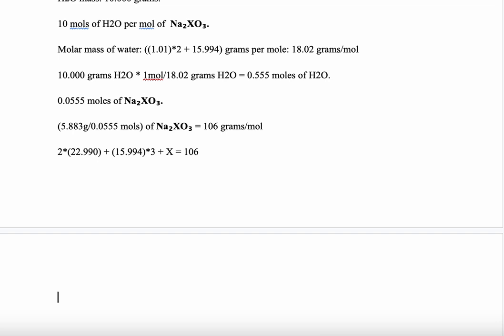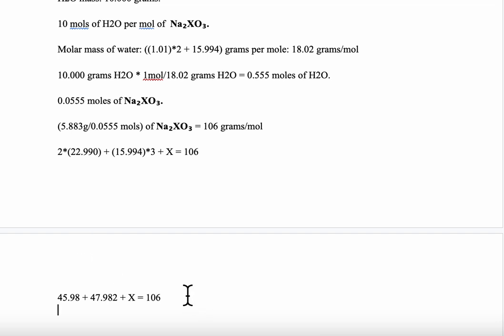It would be 22.99 times 2, 45.98, plus 15.994 times 3, which is 47.982, and then plus X equals 106. These are all grams per mole.